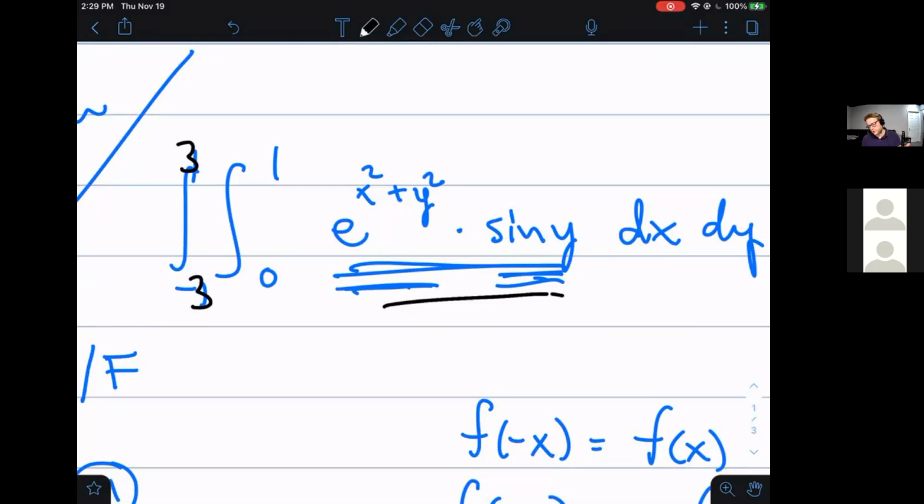But notice, if you were to try to actually find the antiderivative of this, it'd be extremely difficult. You would not want to find the antiderivative of this. And that's why it's a more conceptual question, right? Because you can spend hours or days trying to find the antiderivative of these things. It'd be very difficult.